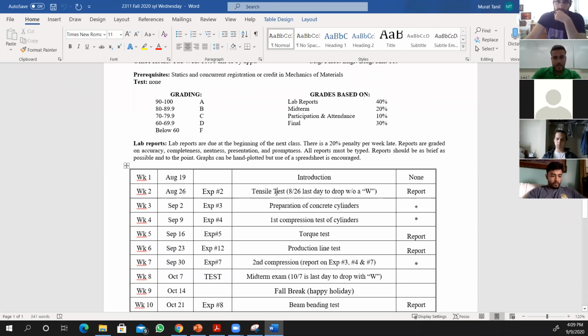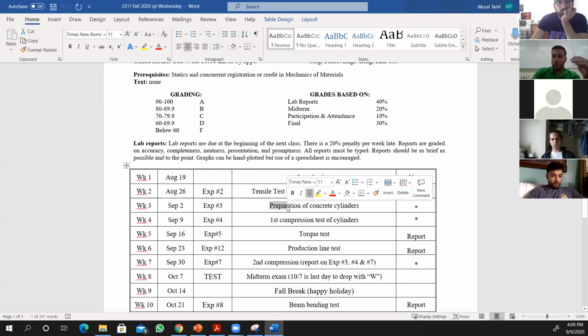But today is the last day for the tensile test. I'm not going to go back and explain the tensile test again and again, because probably half of the class or more already mastered it. And week 3, which was September the 2nd, I canceled that class and told you to go to the YouTube channel or Moodle and look at the files.